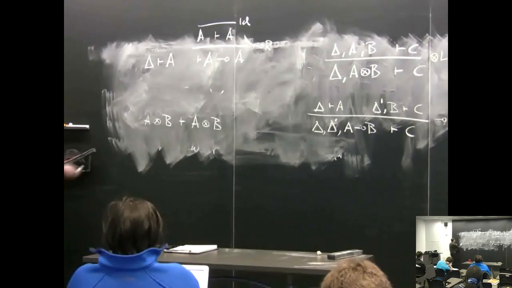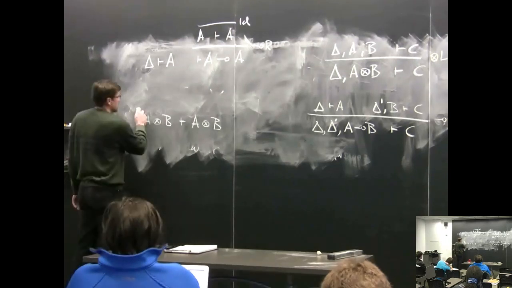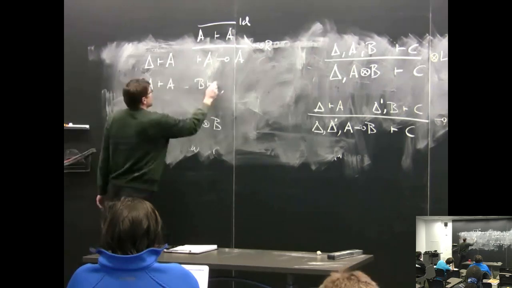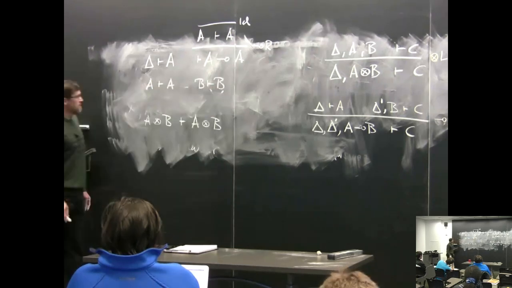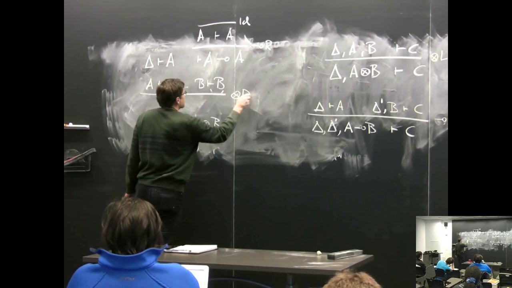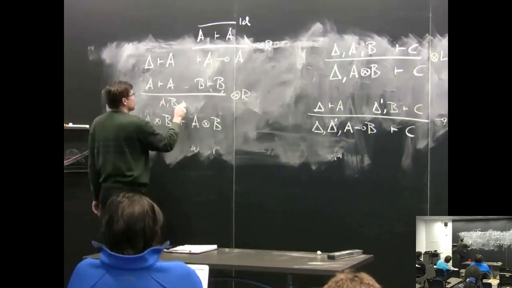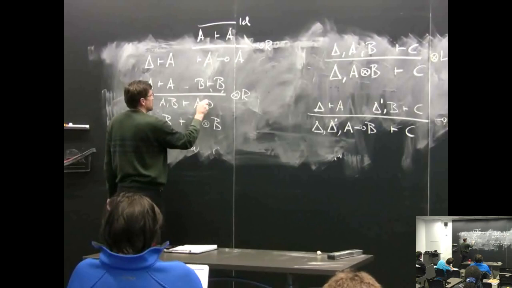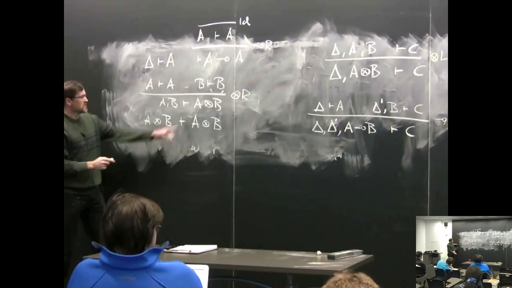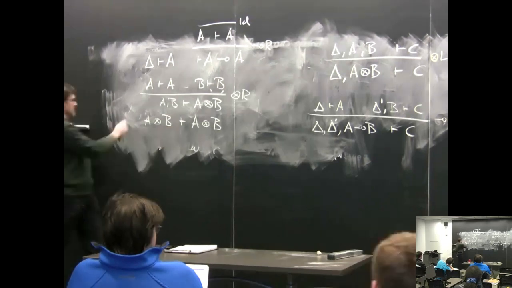Start with A turnstile A, B turnstile B, okay. Then tensor right, then tensor left. Then we use tensor right, and we get A comma B, and we get A tensor B, right? So we combine the resources and we build the tensor over here, okay, and now we can apply tensor left.